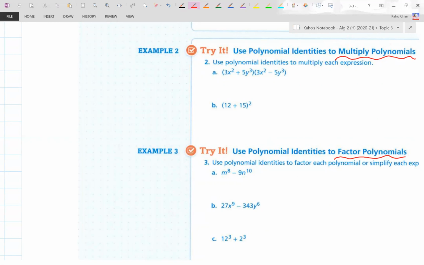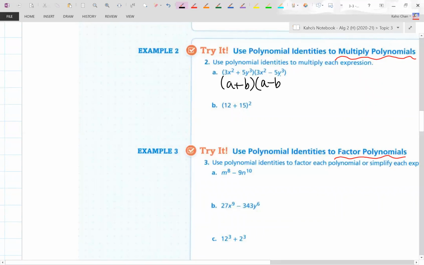What they want you to see in example 2a is, hey, it's not just another problem, but think of 3x squared plus 5y cubed times its conjugate, 3x squared minus 5y cubed, as following a pattern. Think of it as a plus b times a minus b.